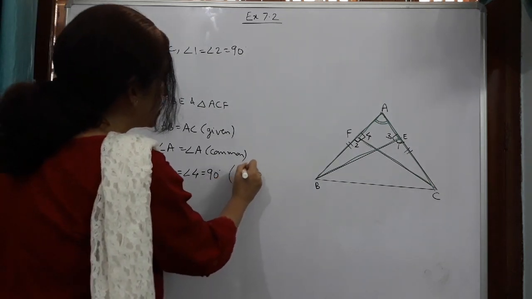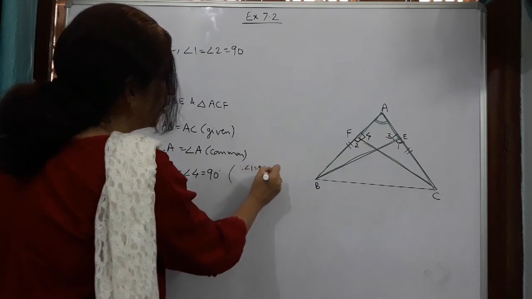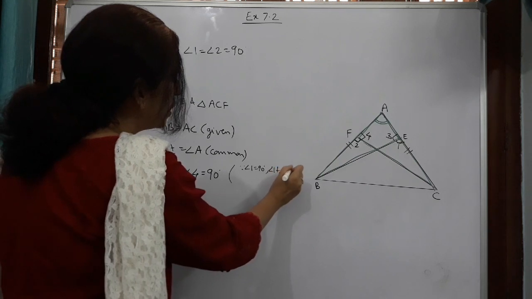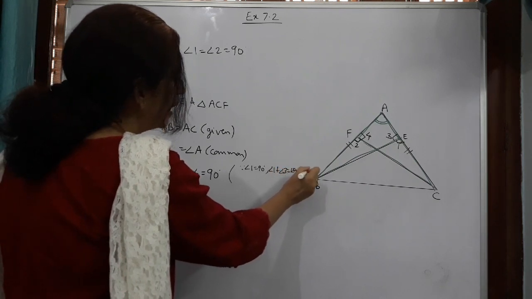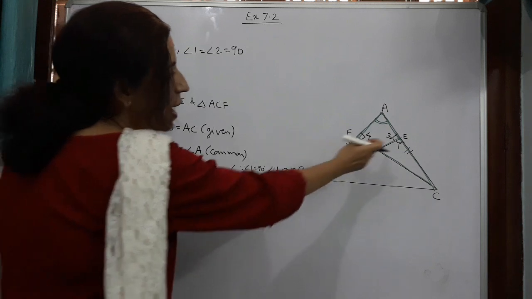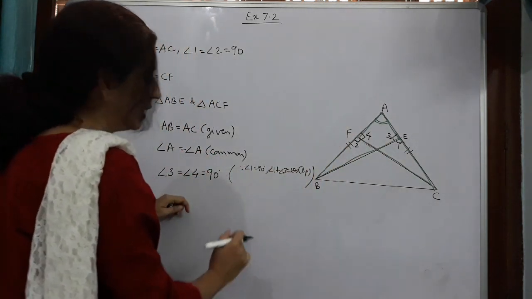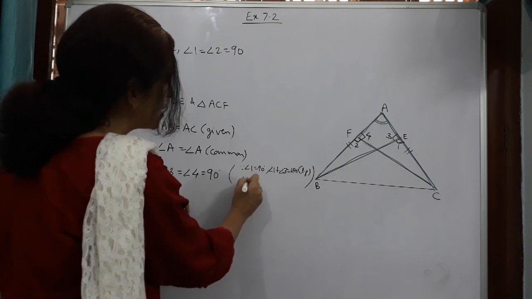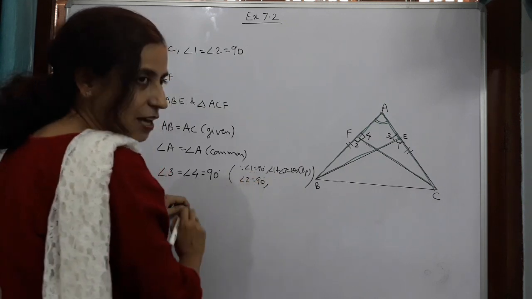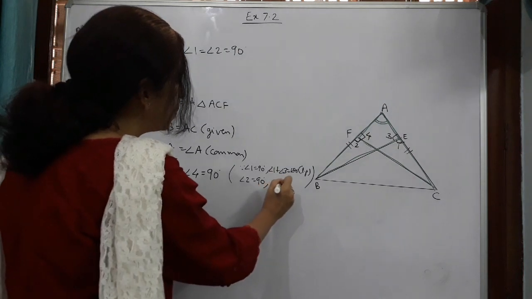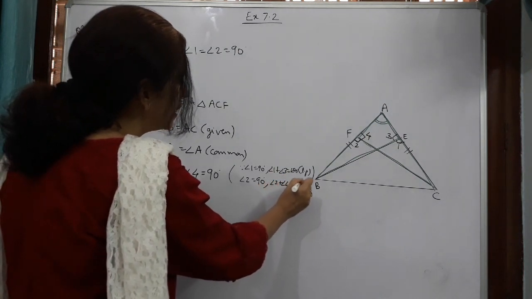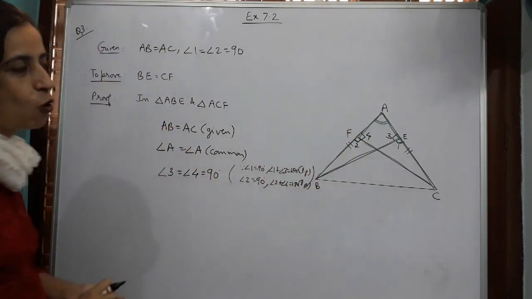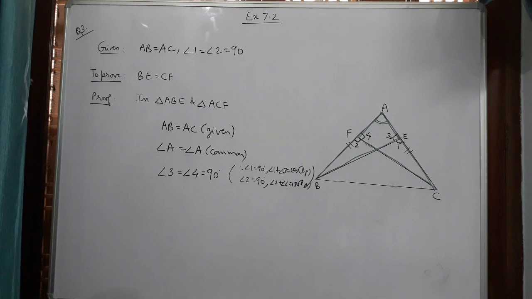Since angle 1 is equal to 90 degrees and angle 1 plus angle 3 is equal to 180 degrees by linear pair, that is why angle 3 is of measure 90 degrees. Similarly, the reason for angle 4 being 90 degrees is that angle 2 is 90 degrees, given to us, and angle 2 plus angle 4 is 180 degrees because they form a linear pair. So that is why angle 4 will be of measure 90 degrees.